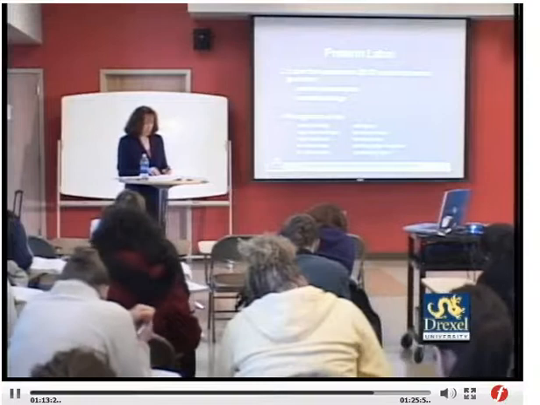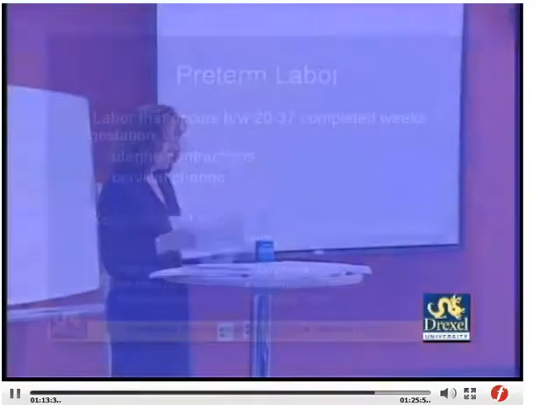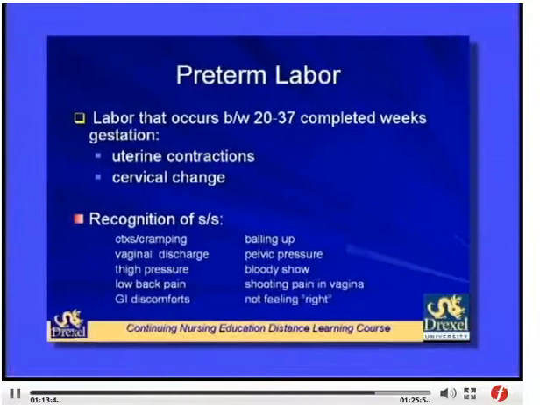One of the significant things that I think we as nurses have to do is recognize the signs and symptoms of preterm labor. And you will see a list up here: contractions and cramping, vaginal discharge, thigh pressure, low back pain, GI discomforts. People may perceive the baby as balling up.